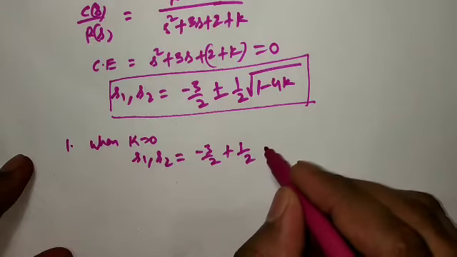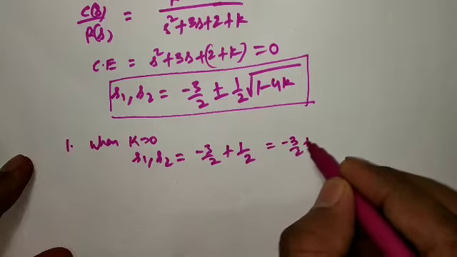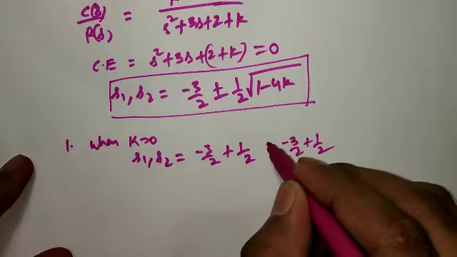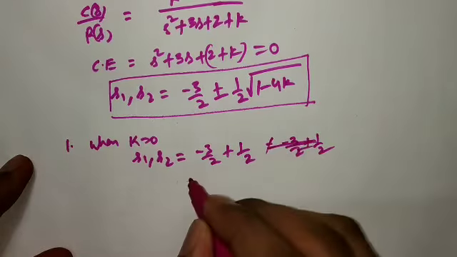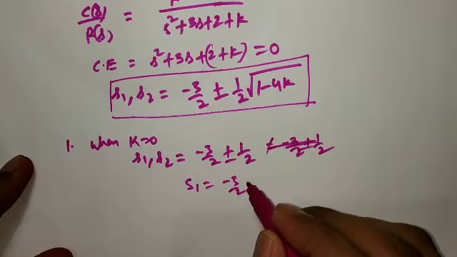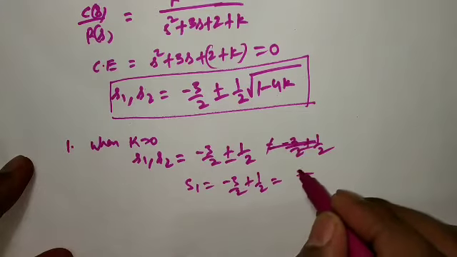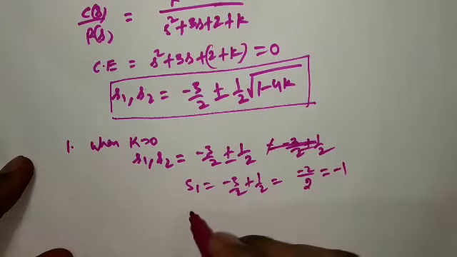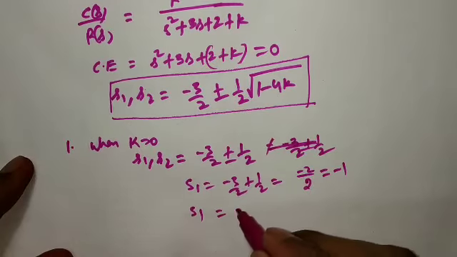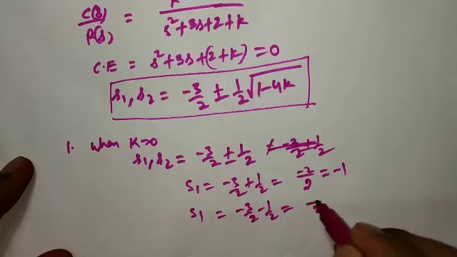What are the roots now? Minus 3 by 2 plus 1 by 2, so that is one root: s1 is equal to minus 3 by 2 plus 1 by 2, so you will get minus 2 by 2, which is minus 1. And the other root, minus 3 by 2 minus 1 by 2, you will get minus 4 by 2.